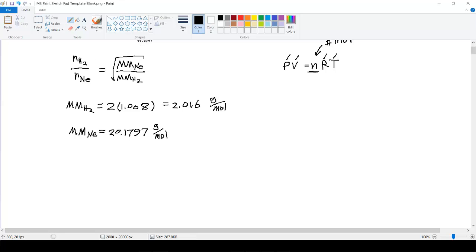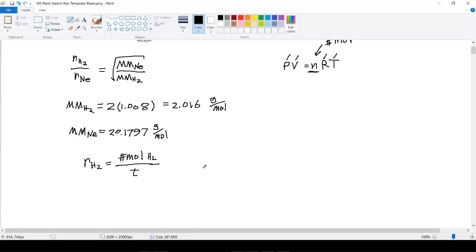So if we look at the rate of hydrogen, the rate for hydrogen is equal to the number of moles of H2 divided by the time it takes to diffuse.